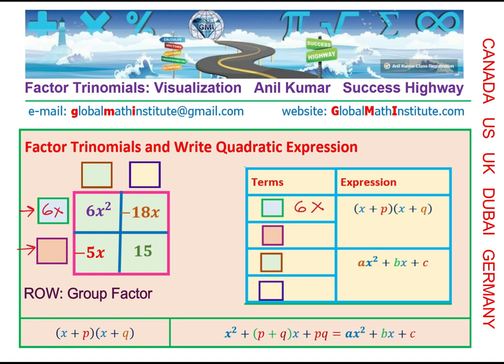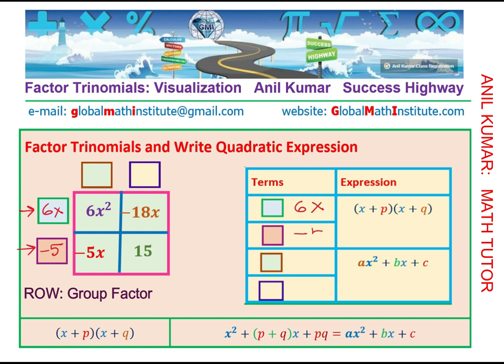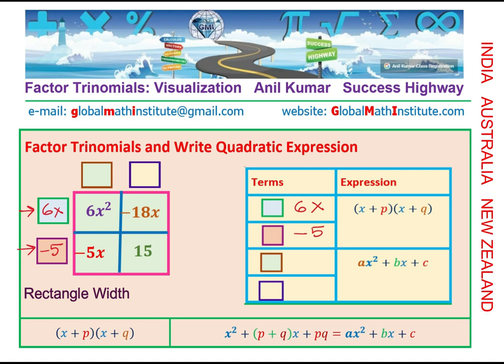The second one is a common factor of minus 5x and 15. We can take this as minus 5. So minus 5 is your second term. Now that also becomes the width of your rectangle if you visualize, right? So you could write this as a factor, 6x minus 5, as, let us say, the width of the rectangle.